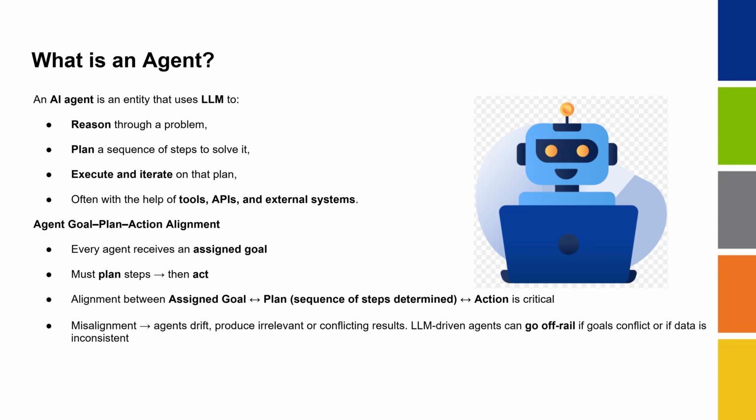So this alignment is very critical. Misalignment, if any, such as agent drift or token bloating, produces irrelevant, conflicting results. So LLM-driven agents can go off the rails if goals conflict or if data is inconsistent.